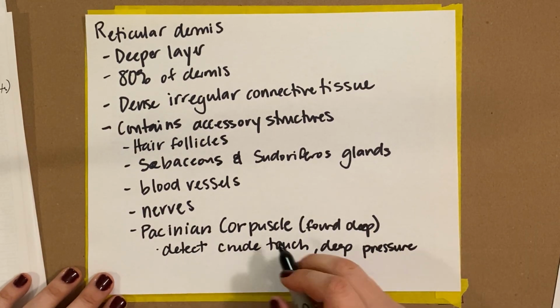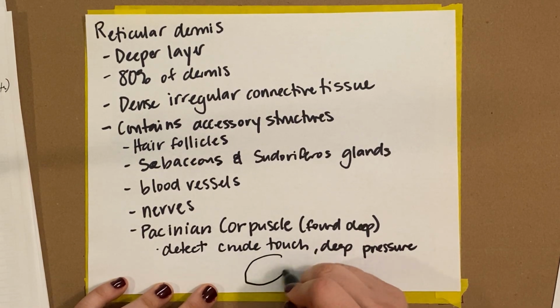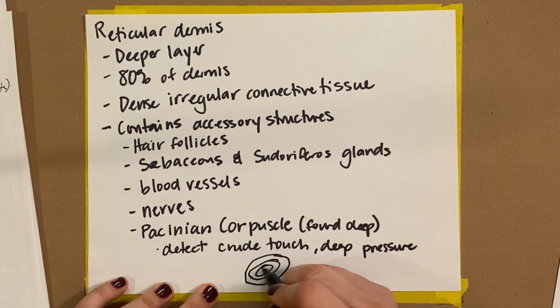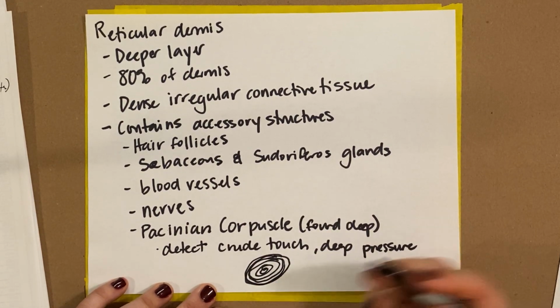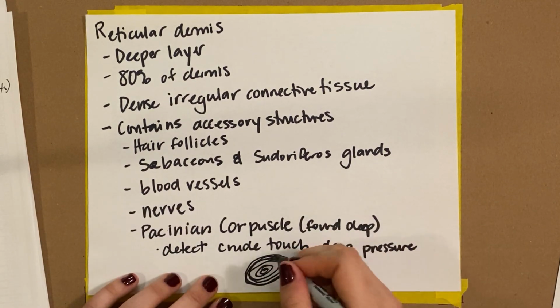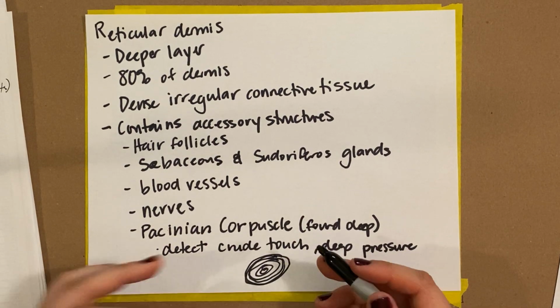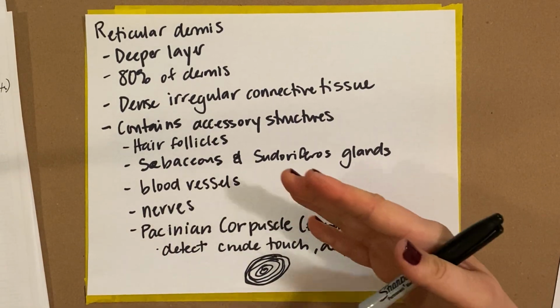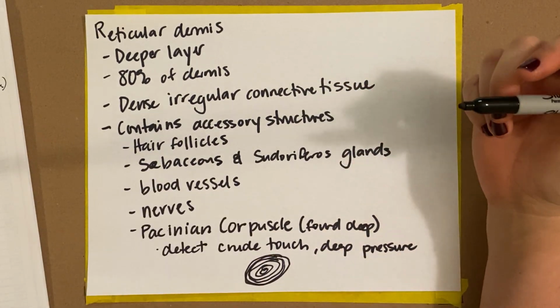Okay, and I would definitely know what this is, but when you see them, they look like onions because they have these concentric rings. They're sometimes called lamellar corpuscles. The word lamellar means plate. To me, they look like if you cut an onion straight down its middle, you can see the different rings, okay?